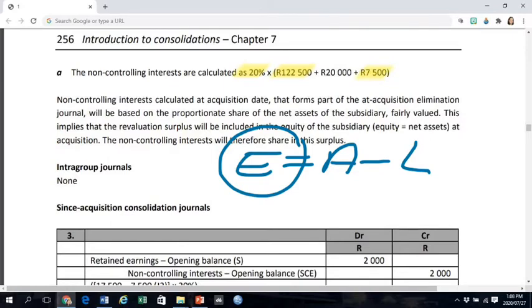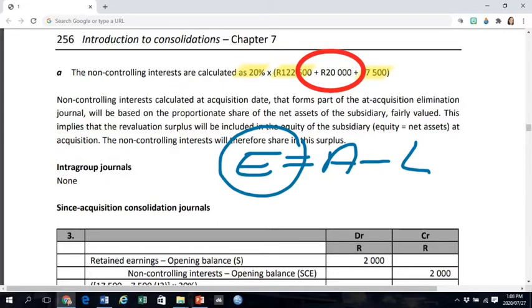Because we created this equity item of 20,000 Rand, the at acquisition equity of the subsidiary increased with a resultant increase to the land. This happened at acquisition date, and that will remain the at acquisition equity of the subsidiary regardless of what happens to the underlying asset, being the land.